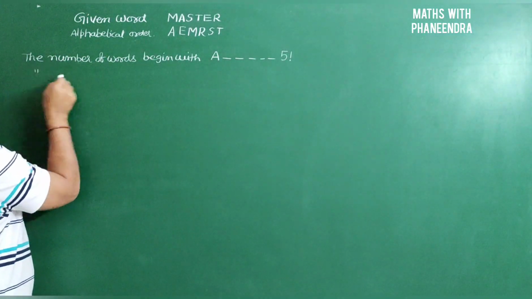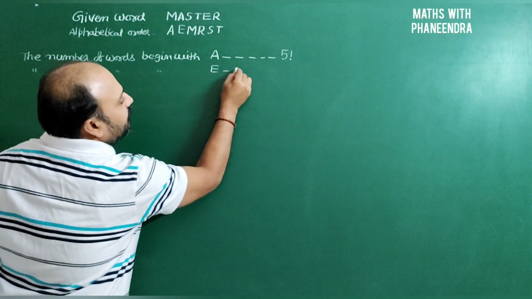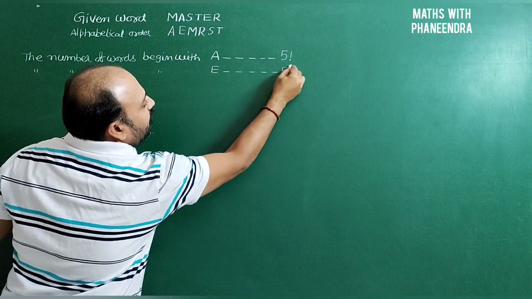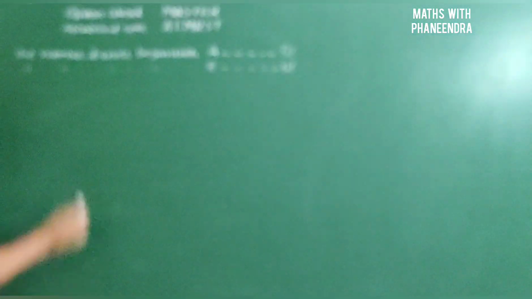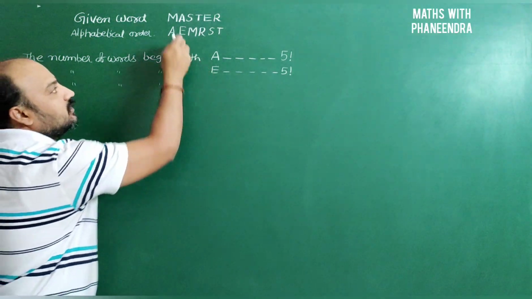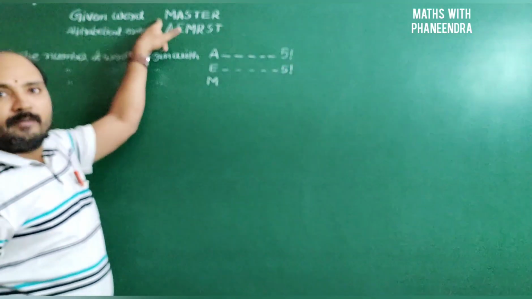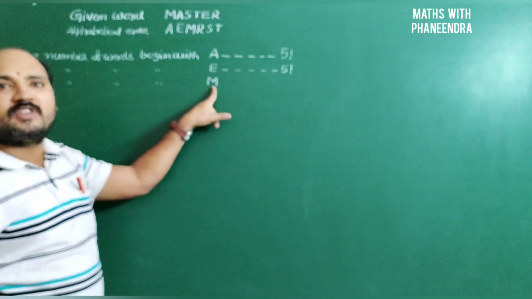Next, the number of words which begin with E, 5 factorial ways. Next, the number of words which begin with M. M is already there. Why? Because the given word master also begins with M only.